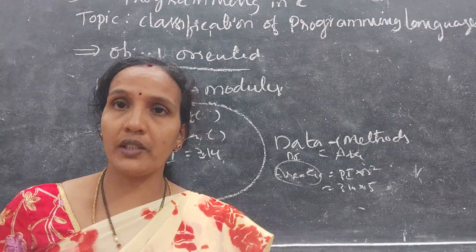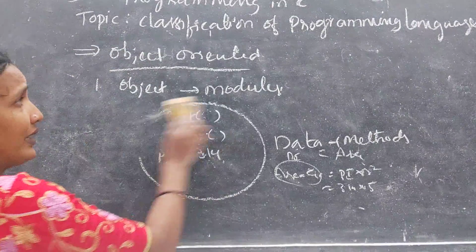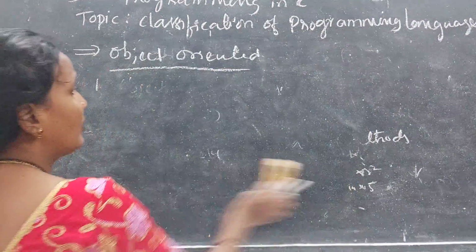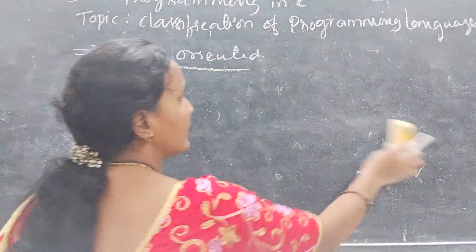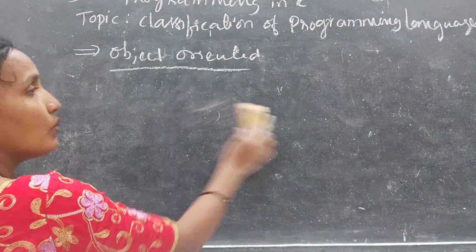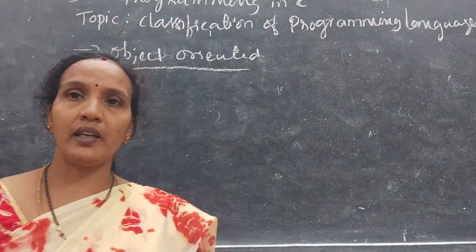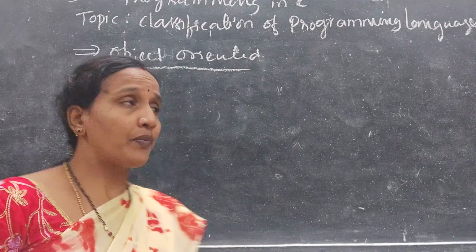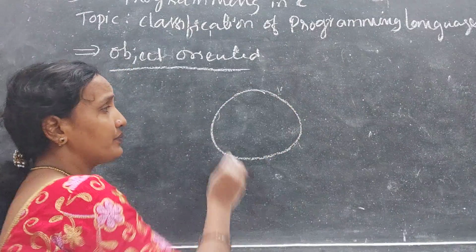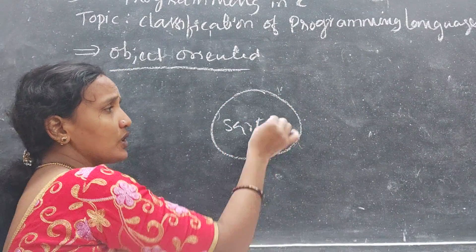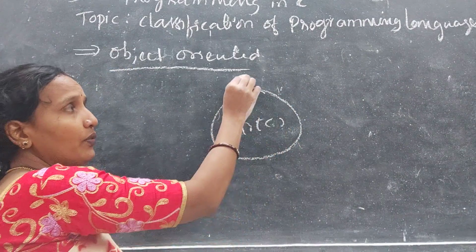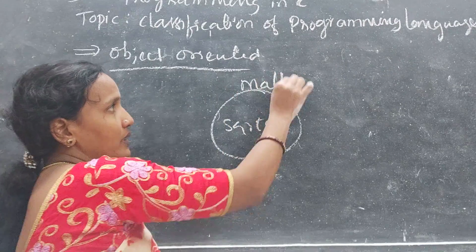So object oriented programming means here instead of the functions and all, the total program is divided into a number of objects, and whenever you want to operate a particular method, we just call that object. Example, in the previous example, square root I have given. Square root is a method of the math object, the mathematical object.